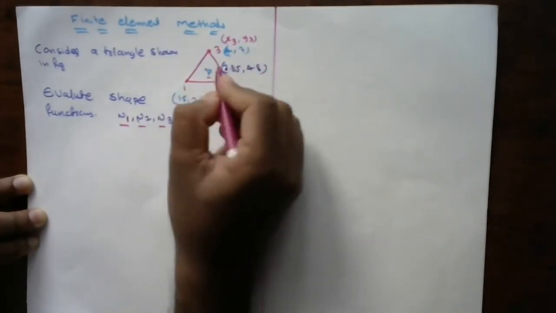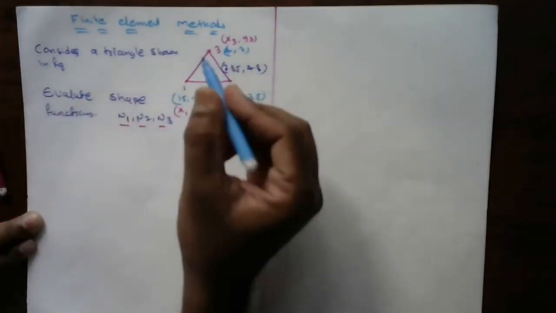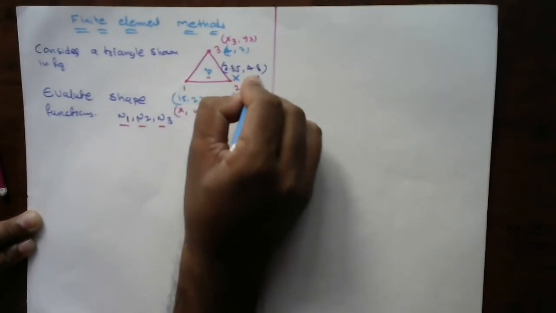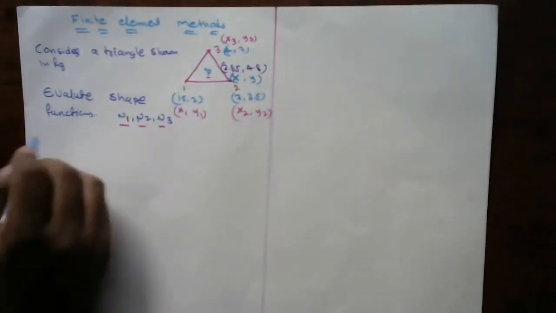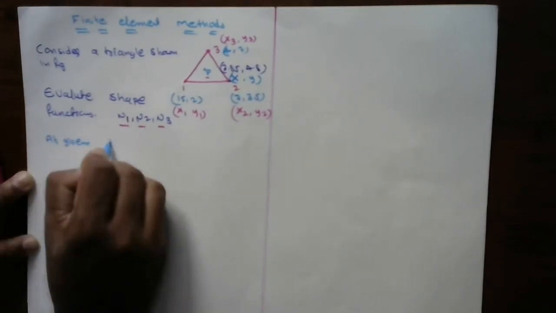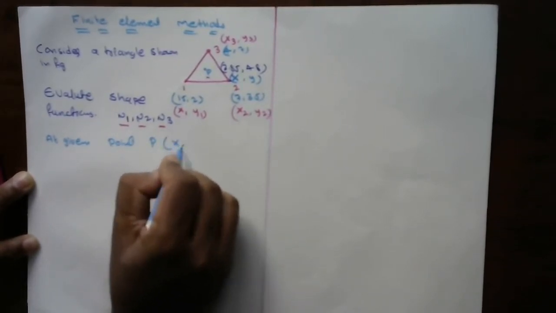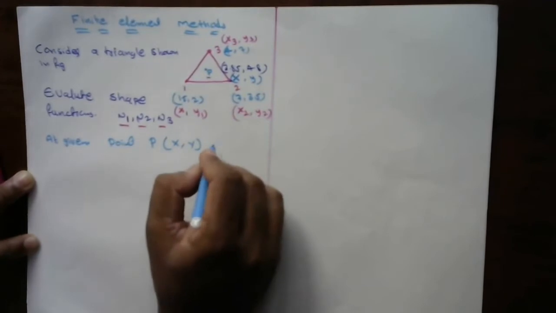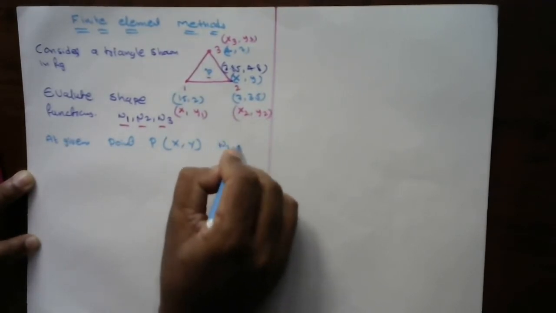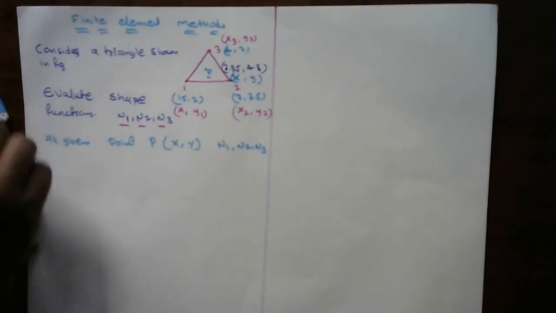And at the given point P, let us assume that these values are called capital X, capital Y. So at the given point P, the values of x and y are given. At this point, you have to evaluate what the shape functions n1, n2, n3 would be. So let us try to solve this problem.